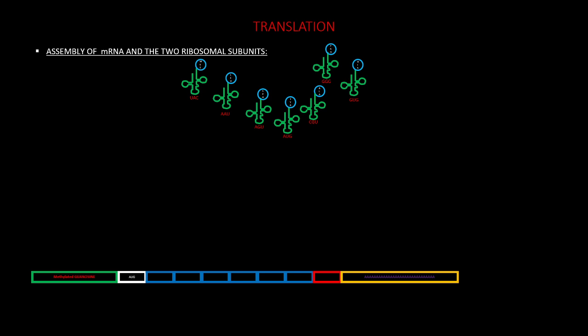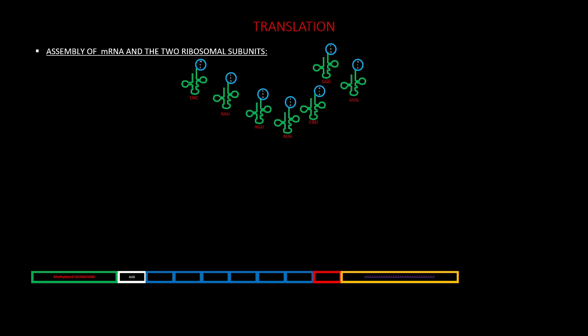The mRNA has a cap, which is labeled as methylated guanosine, and a tail, which is just a long A, as you can see on the right hand side in a yellowish rectangular box.